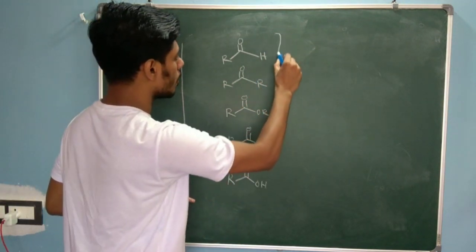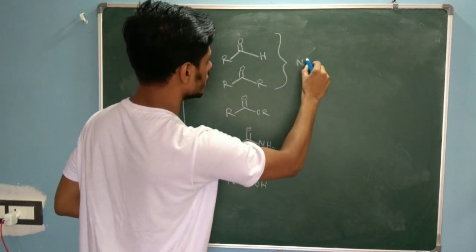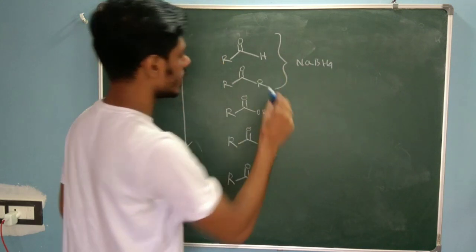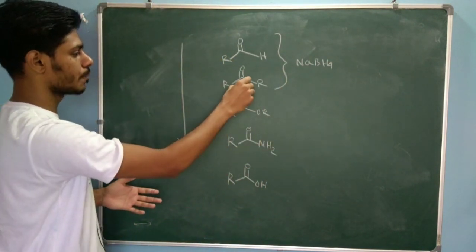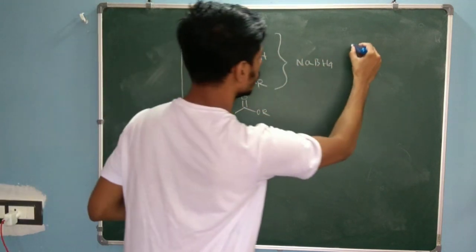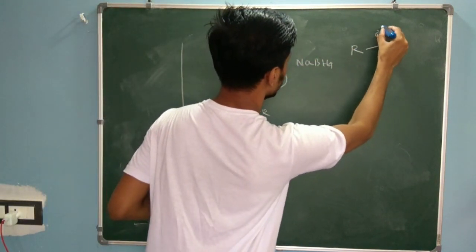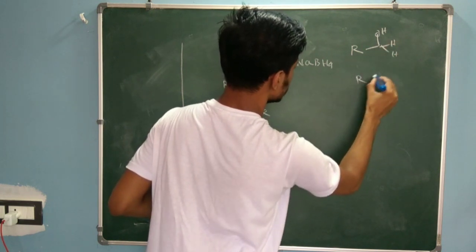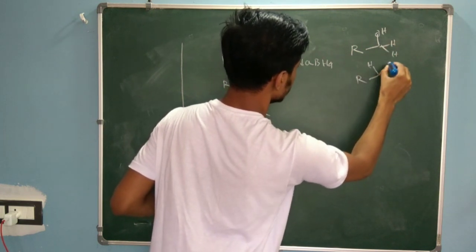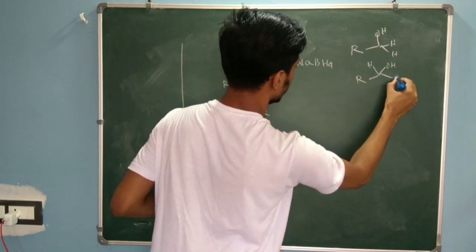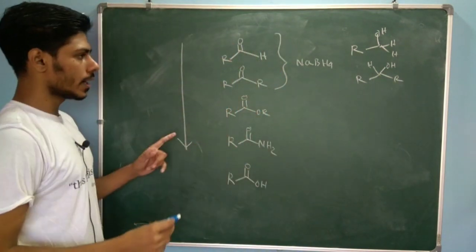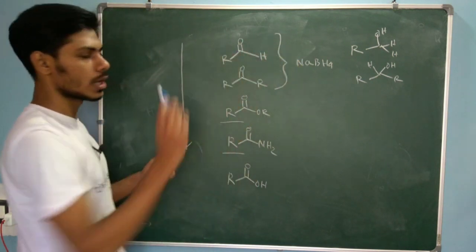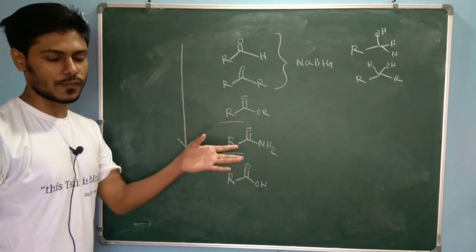Now with sodium borohydride, reaction of these two is fine. With sodium borohydride you can easily reduce this ketone and aldehyde to their corresponding alcohols. In this case the primary alcohol, and in the case of ketone the secondary alcohol. So it is fine for these two. But if you want to do the reaction of ester and amide with sodium borohydride, the reaction will be very slow.